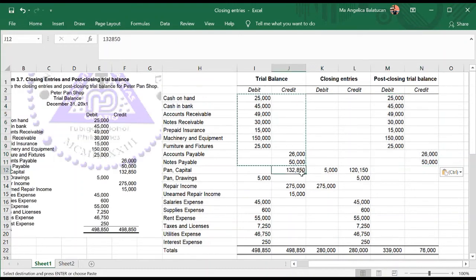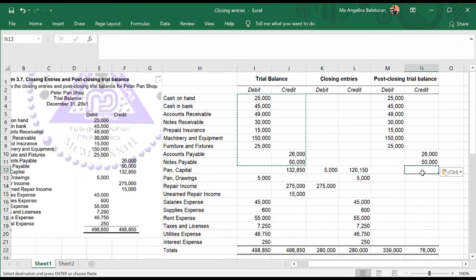So how are we going to get the balance? This is 132,850 credit. Then there's a debit of 5,000 and a credit of 120,150. Remember what would be the treatment if we have an opposite balance? If it's opposite with the normal balance, we're going to deduct.